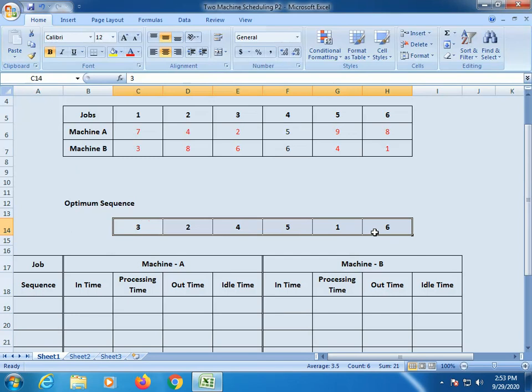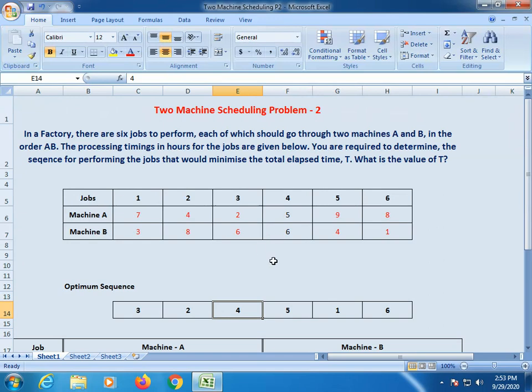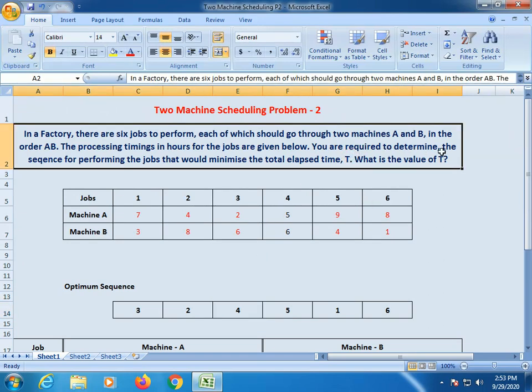We just found it. So this is the optimum sequence. After finding the optimum sequence, we are required to determine the total elapsed time. After determining the optimum sequence, what do we have to do?